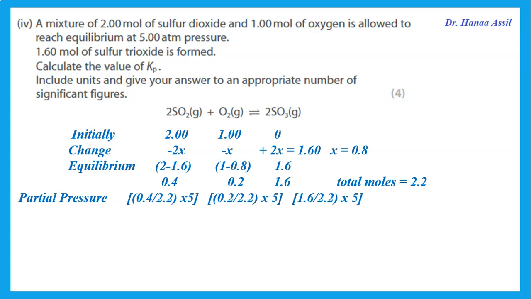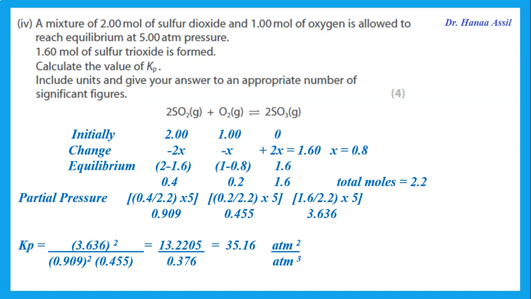So for SO2, it's 0.4 divided by the total times 5 because that was the total pressure, and so on for the others. So this gives values for the partial pressure of each of these gases. Put them into the equation for Kp and determine the units also. So this comes out to Kp of 35.2 atm to the minus 1.